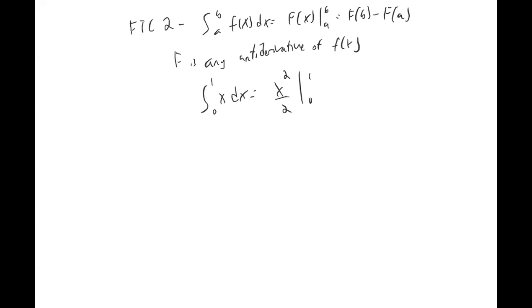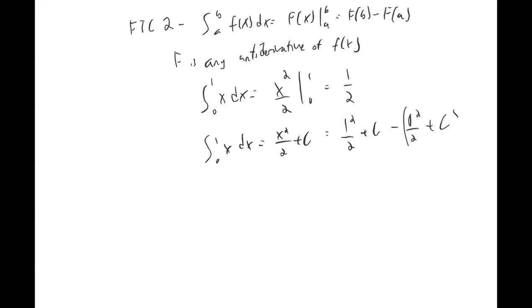And what you're going to see is that this is a half, because 0 squared is 0. And it doesn't change if I do the plus c, because what you're going to get is 1 squared over 2 plus c minus 0 squared over 2 plus c. When you evaluate, the c goes away.